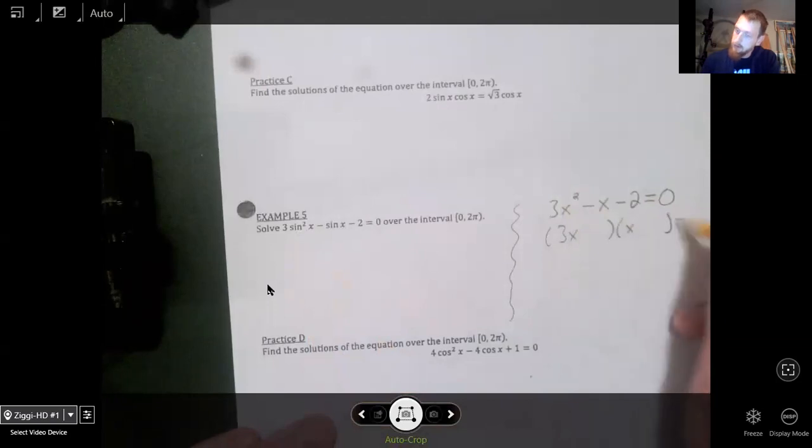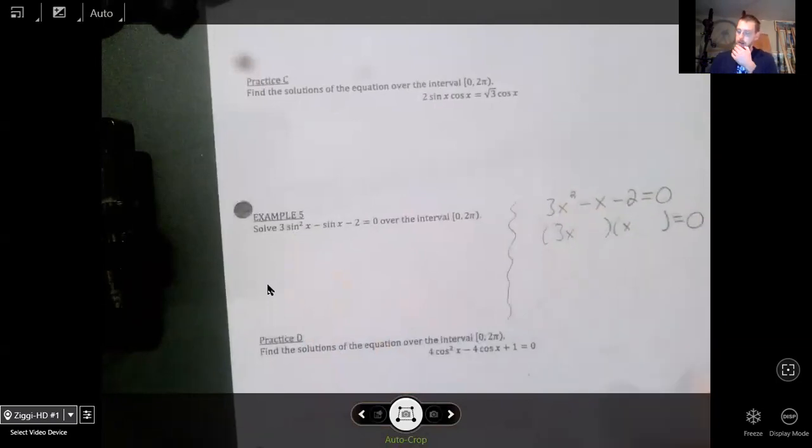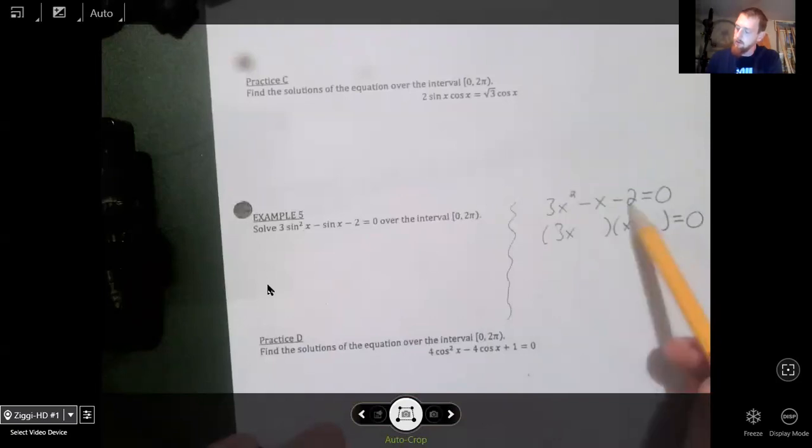That'll give us our 3x squared. Okay, let's see. We need two numbers here that are going to multiply together to give us -2. Fortunately, this number is pretty small. We know that we're going to do 2 times 1. We just need to decide which of those is going to be negative and where we're going to put the 2 and where we're going to put the 1.